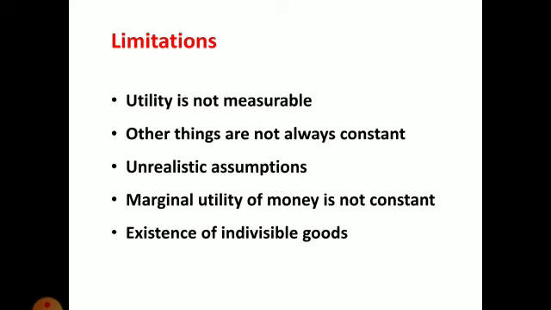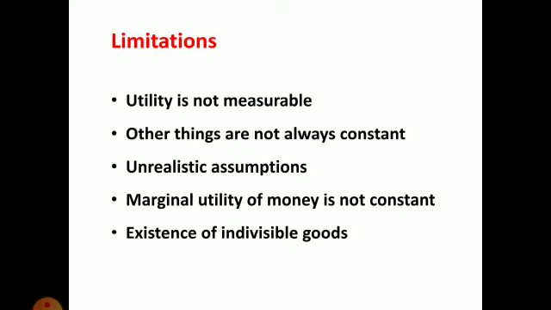Then the other limitation, we always say other things are not always constant. We always quote ceteris paribus, which means other things are constant. But in reality, other things are not always constant.